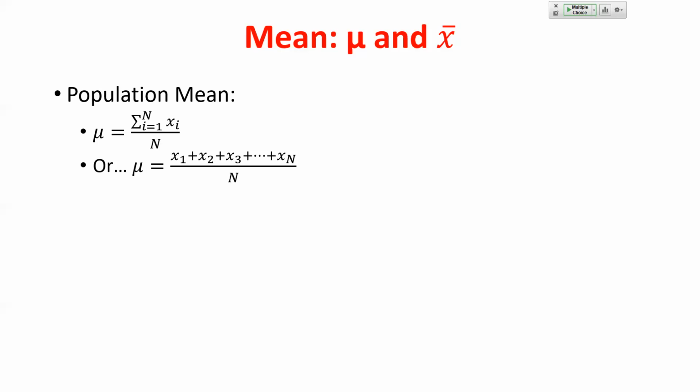Now, I wrote it a little bit differently up here, because one thing that we'll start seeing is that instead of writing this out every single time, x1 plus x2, dot, dot, dot, all the way up to xN, we use that summation sign, that big sigma. What that's saying is go from the first observation to the very last observation and add up everything on the right side of that sum sign.